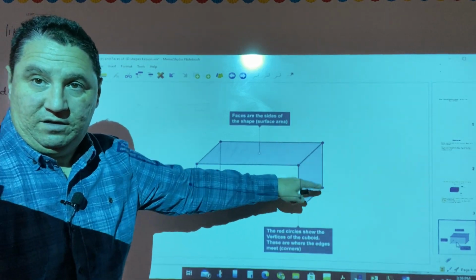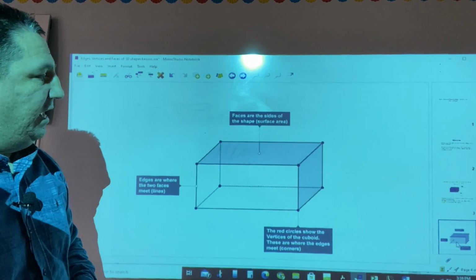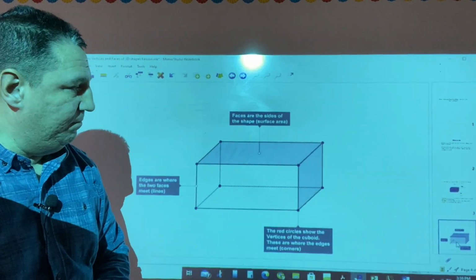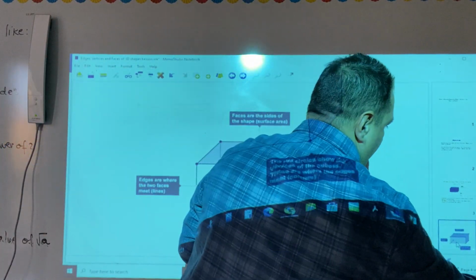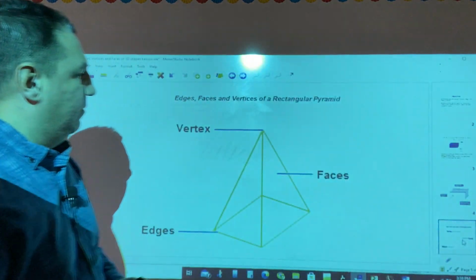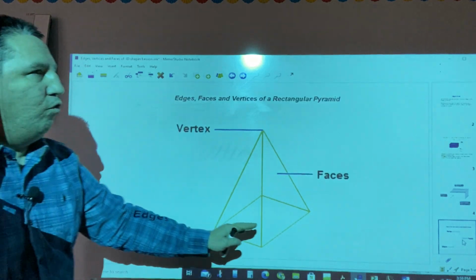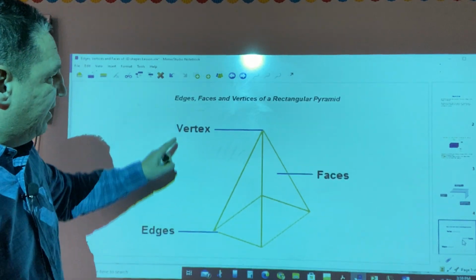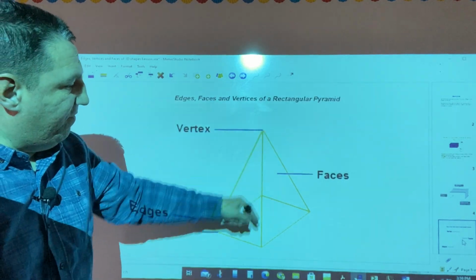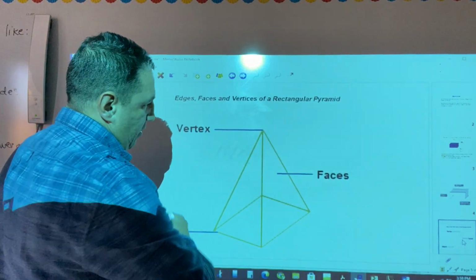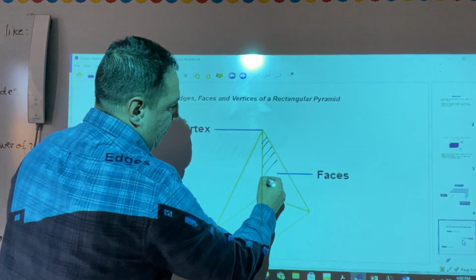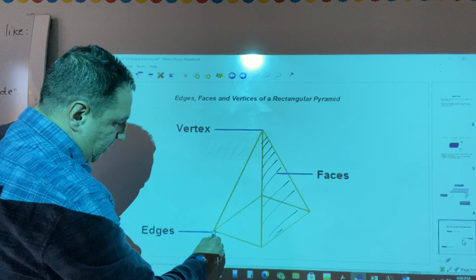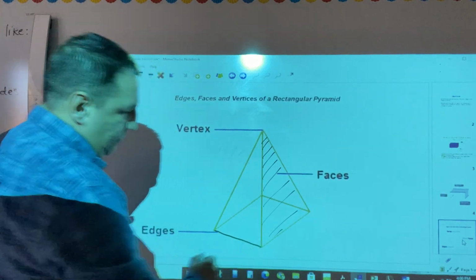These are flat surfaces, and this is a vertex. Also for this one, this is a rectangular pyramid. This is a vertex. A face is just this flat surface. And edges.